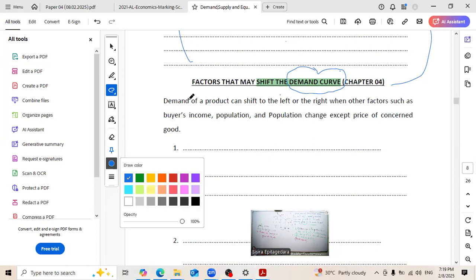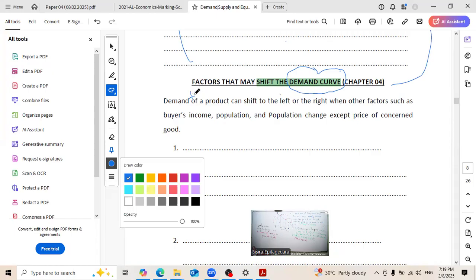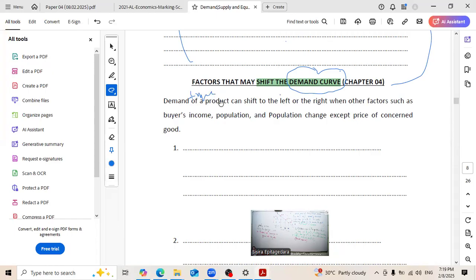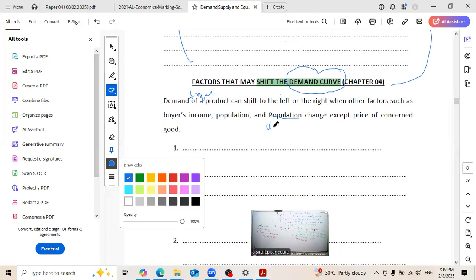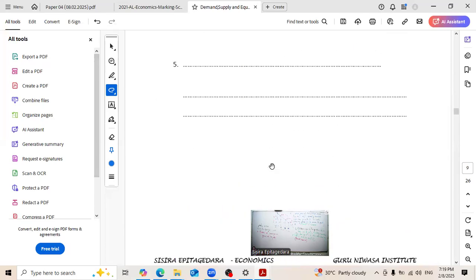The demand curve of a product can shift to the left or right when other factors such as buyers' income, population, and then correct the second population, replace it with advertising. Advertising. Clear?